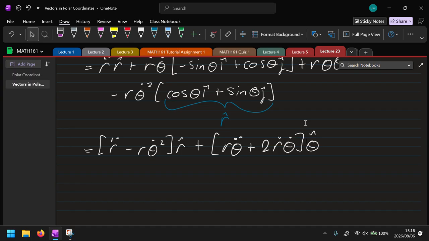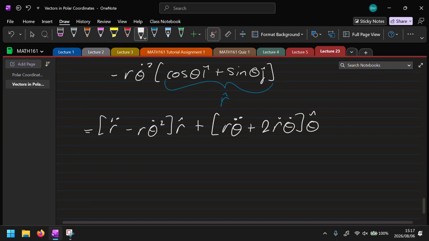Nope. That whole thing, that second term. What do we call that in physics? Very good. Okay, you get your 30%. Centripetal. If you replace the theta dot with omega, you get minus r omega squared. Something's minus r omega squared, right?